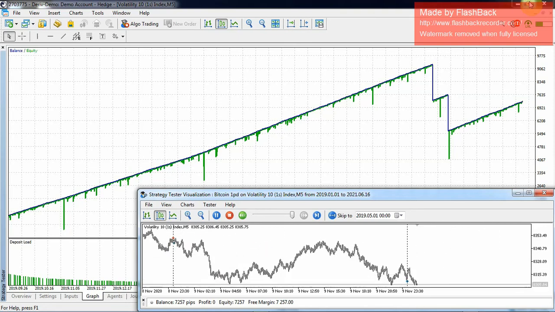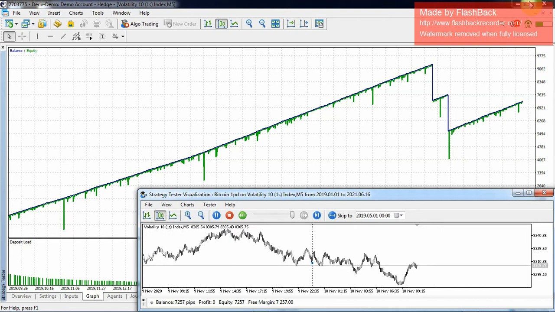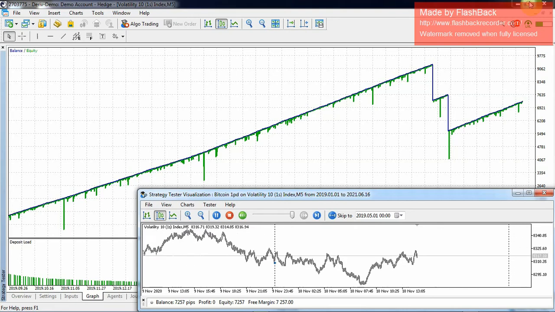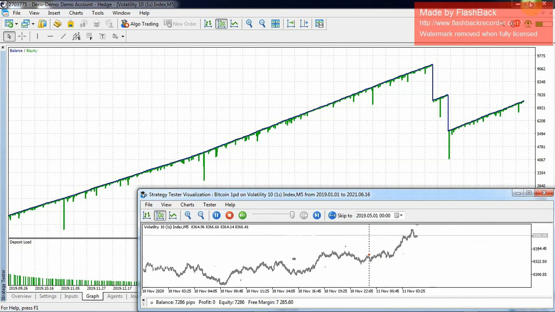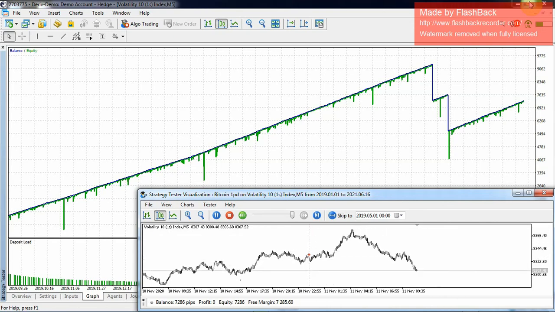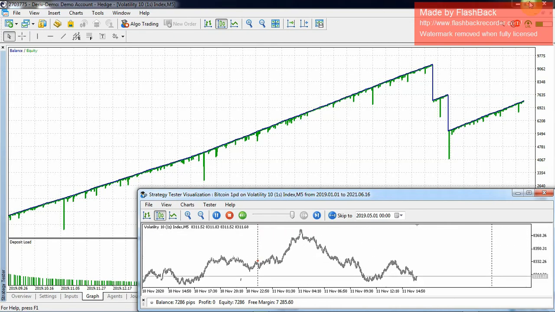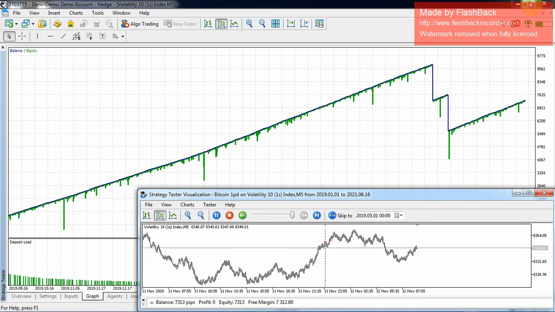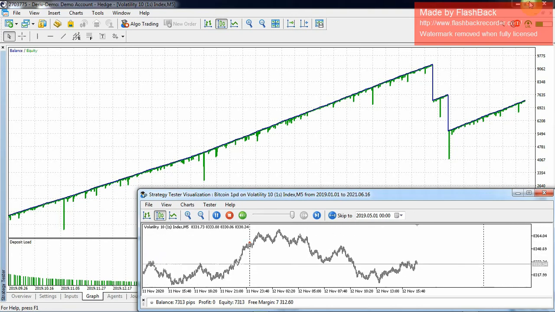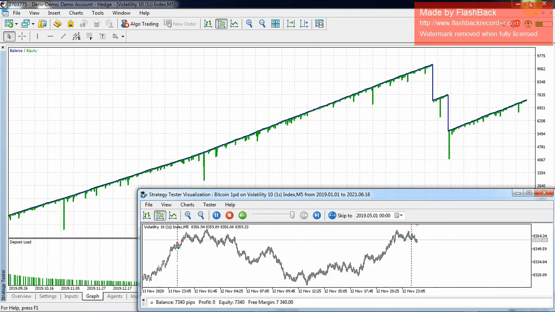I repeat that one. How the robot trades until the backtest is done is what will determine whether this robot is worth trying out.